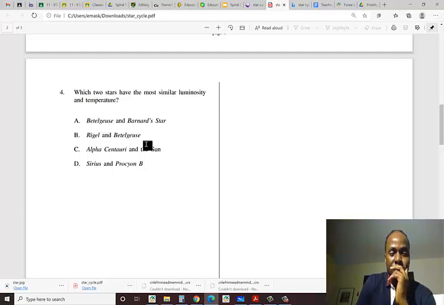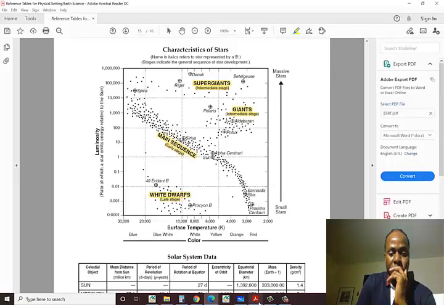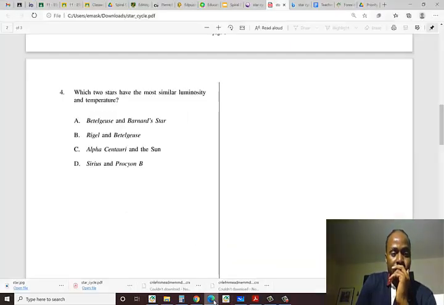Definitely it's not Betelgeuse and Bennu star, because those two stars are really far apart. Bennu star is right here, and Betelgeuse is all the way up. One is very small, one is very big. They are far apart. The other option is Rigel and Betelgeuse.